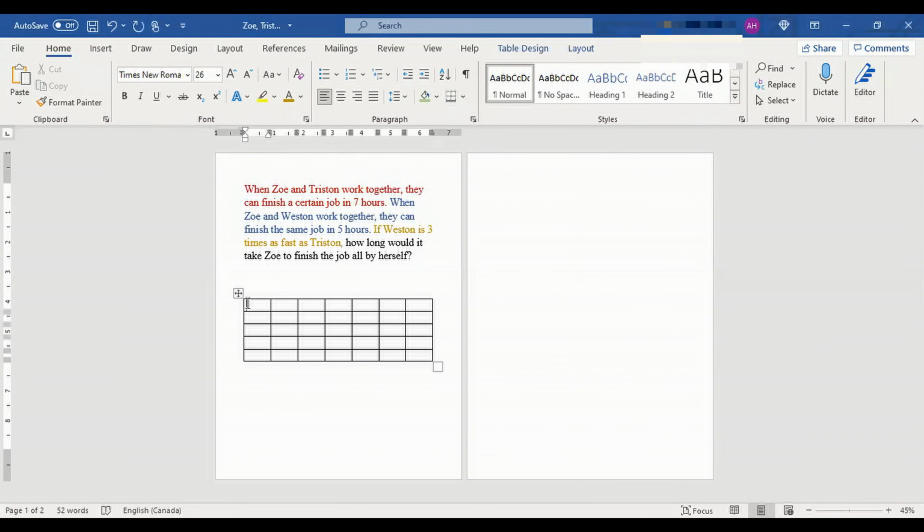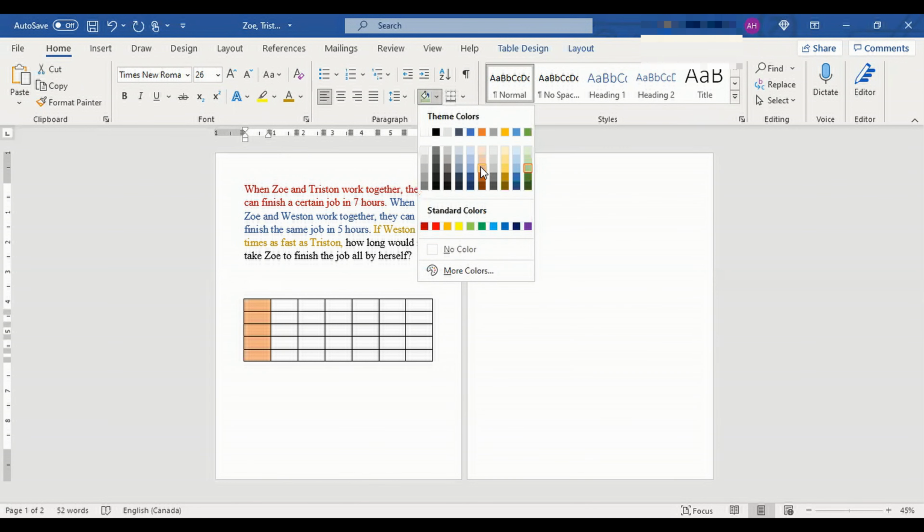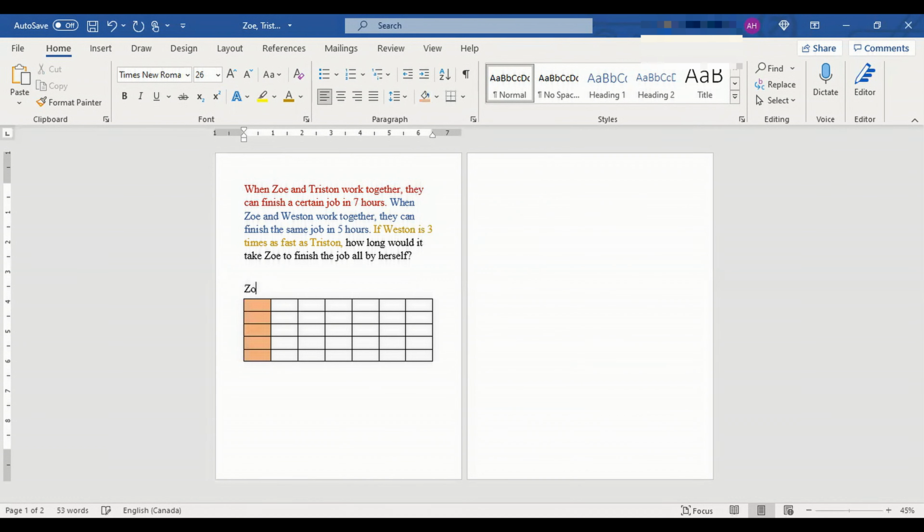Right. And we'll write Zoe and Triston can finish 1/7 of the job in 1 hour.